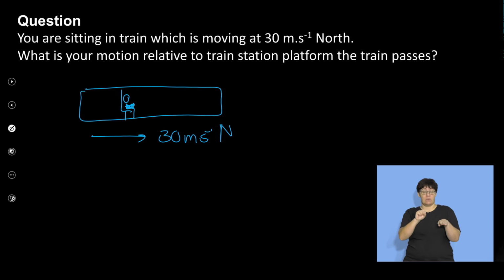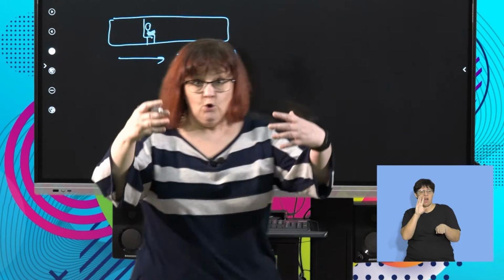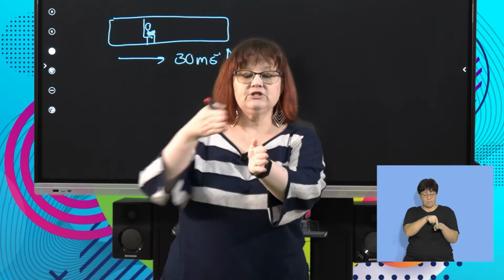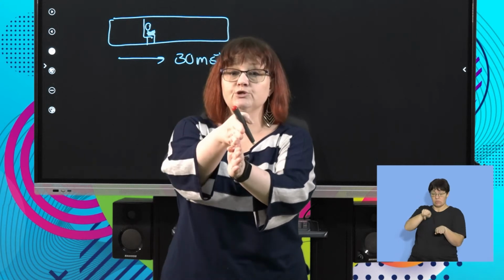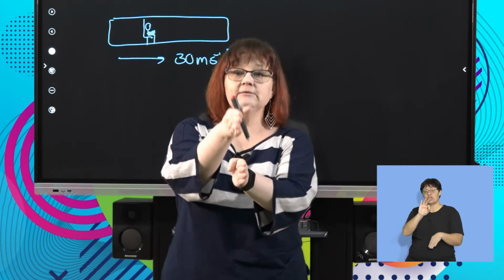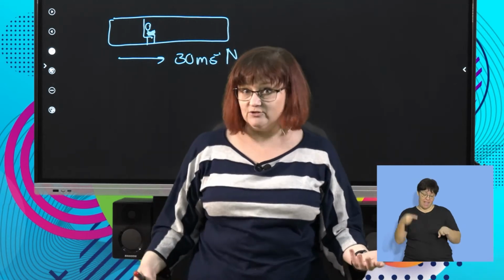Now, essentially what I'm asking here is if you're in the train and someone on the platform is now watching the train go past, you're moving with the train. So if I'm watching from the platform, your motion is now 30 meters per second north because someone outside the train is watching. Where my frame of reference is has changed. Okay, so now you are moving at 30.